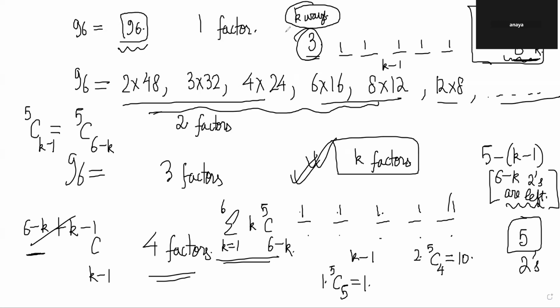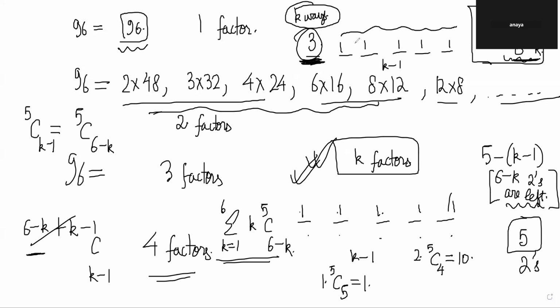And how many ways do you need to give out the 5 twos in order to maintain the k factors? One of the factors is already non-zero, not going to be 1, because it has been given a 3. You have to give the 5 twos to the remaining k minus 1.